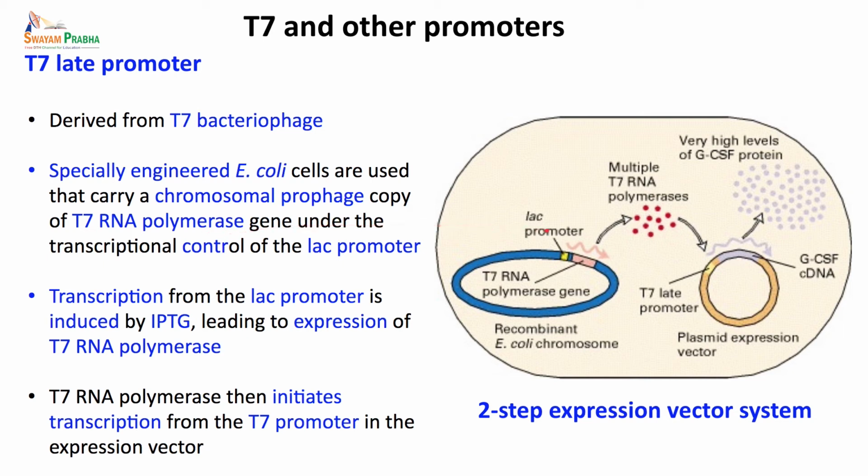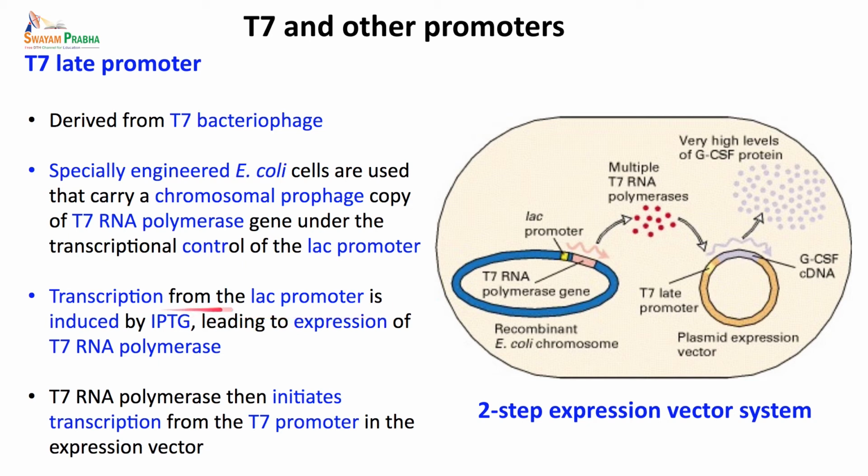This RNA polymerase is present in the E. coli chromosome as a prophage, and therefore it can produce T7 RNA polymerase. And this T7 RNA polymerase can then bind to the T7 promoter, which is present in the vector in which you have put your gene of interest.